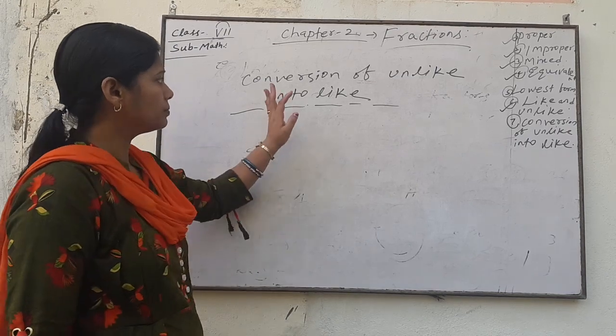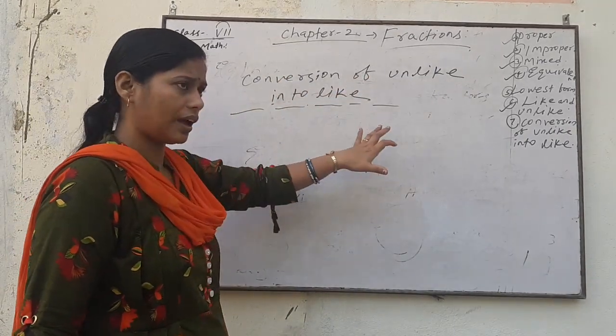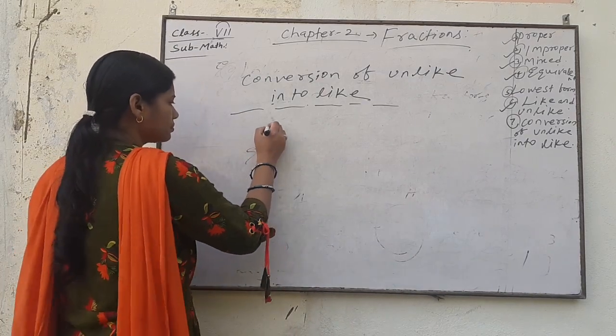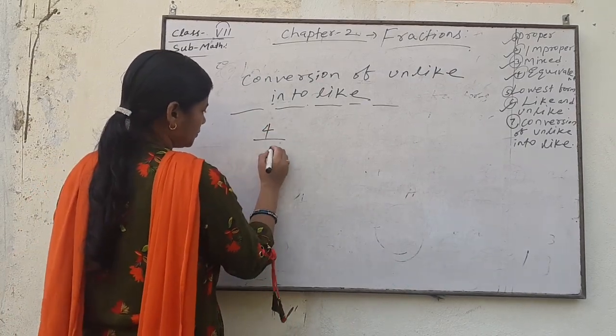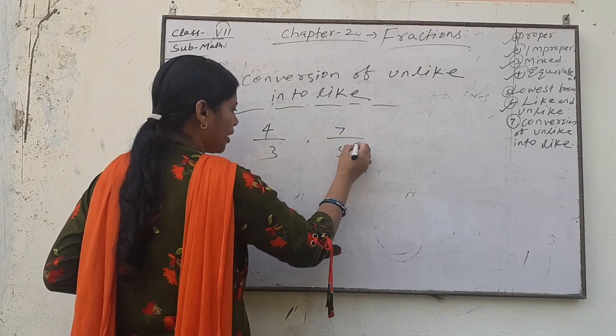Look here, this is the conversion of unlike into like. Suppose 4 by 3 and 7 by 5.